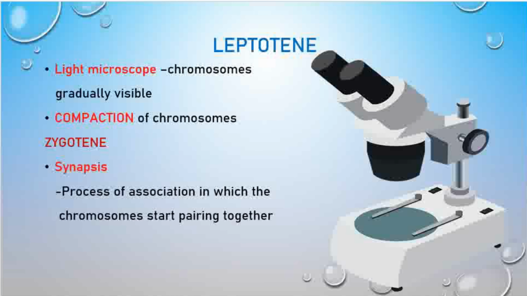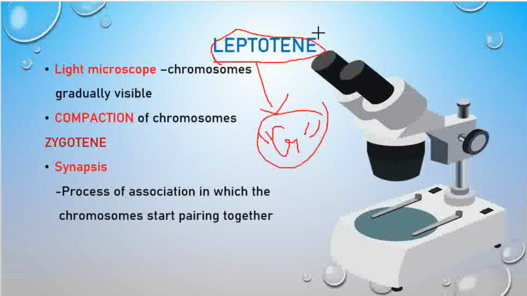Coming to the leptotene stage. What leptotene means in Greek is thin threads. Obviously it refers to the chromosomes, so it appears as thin threads.